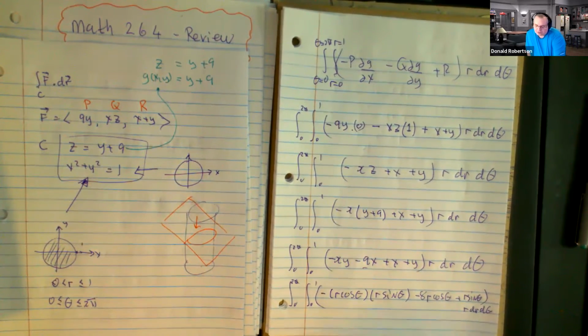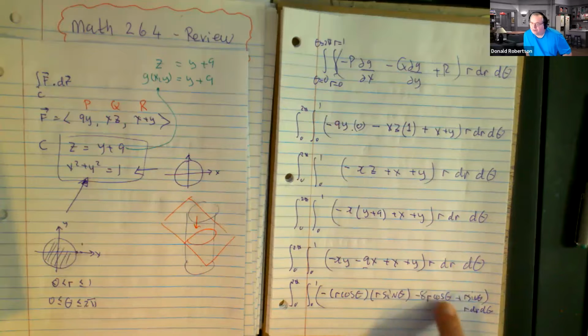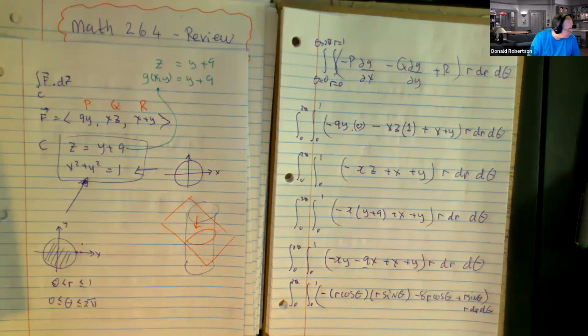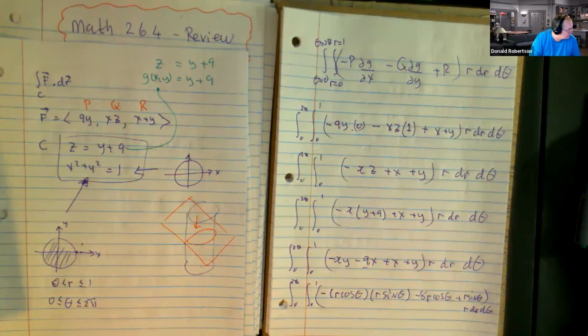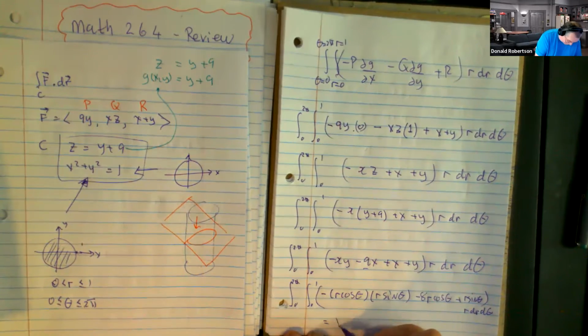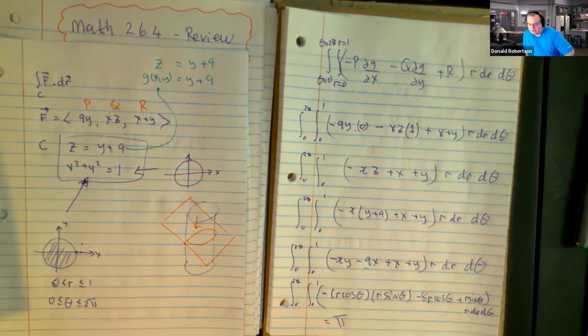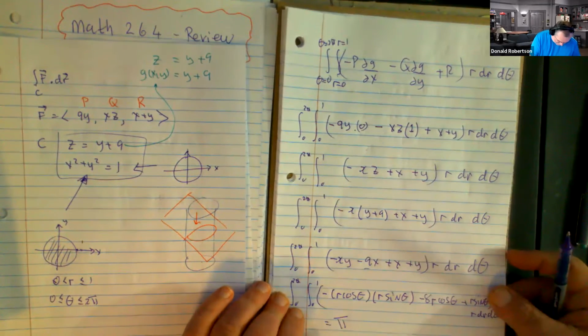Would you agree the question is ugly as heck, but isn't it now doable? Can't we just multiply these out and do what you need to do? And you get a big, long, horrible expression. Evidently, I don't believe it, but according to the one I'm looking at, it ends up being pi. Go figure. Are we good?